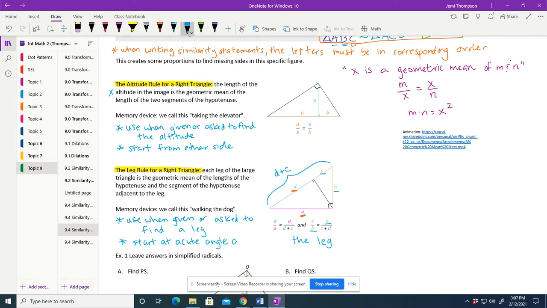Sorry, I have some errors here. Okay, start at the acute angle across from the leg.